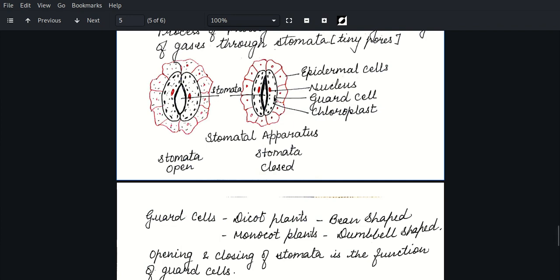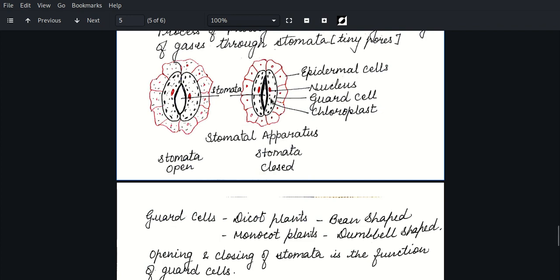But at night, when no sunlight is available, no synthesis of food takes place, and the food synthesized during day is shifted to the subsidiary cells. Because of less amount of food in guard cells, water flows back to subsidiary cells, which leads to shrinking of the guard cells.